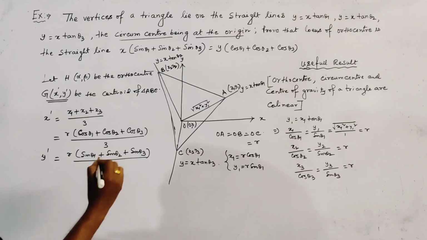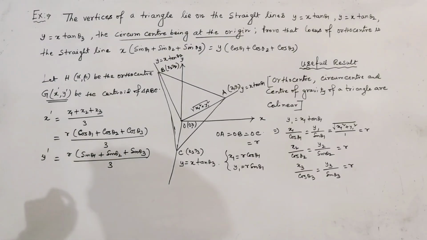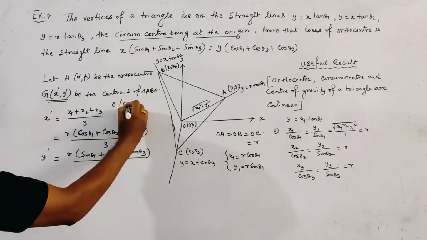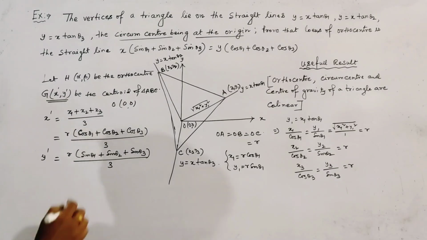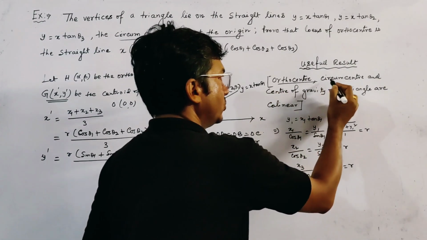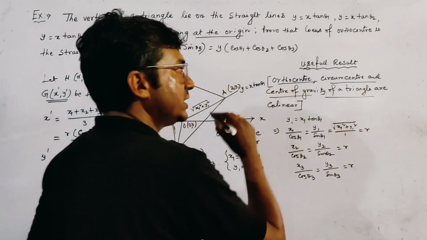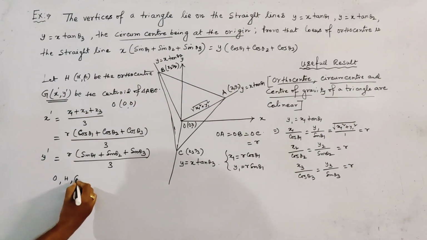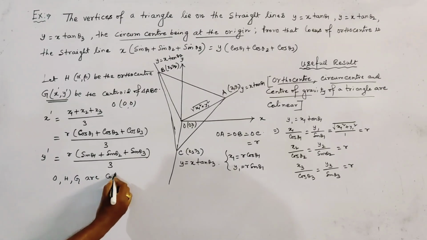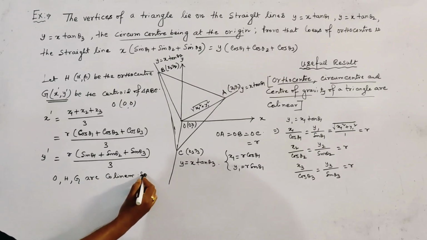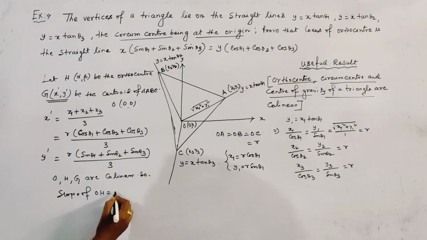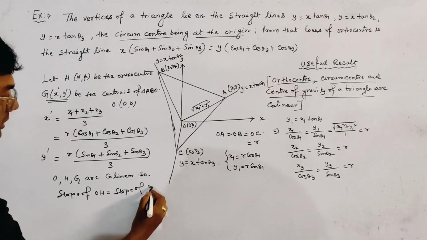Okay, now it is given that O is the circumcenter. Here O is (0, 0), the circumcenter. Now we use the result we stated earlier. Since O, H and G are collinear, the slope of OH is equal to the slope of OG.